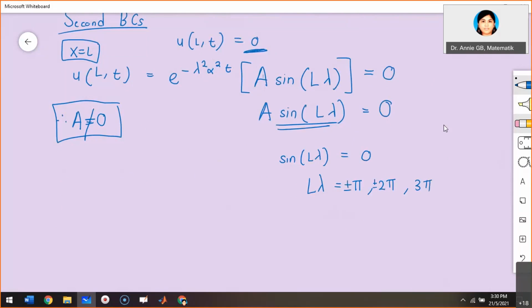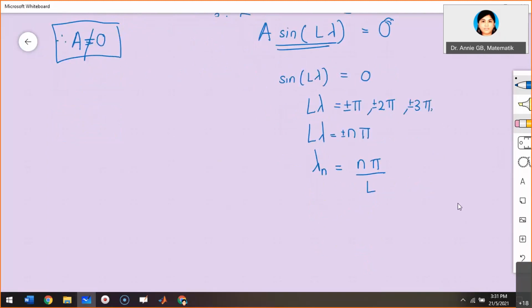Positif negatif 2 pi, positif negatif 3 pi and 4 pi. Semua akan bagi sin 0. So we can say that L lambda equals to plus minus n pi. So what is my lambda? My eigenvalue here, I can say n pi over L. Okay, this is my eigenvalue yang kita dapat.